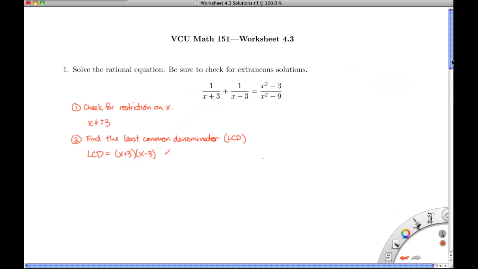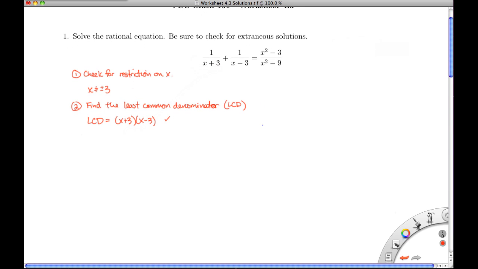So once we've found the LCD, our third step in solving for x, because that is what we're trying to do here, is to go ahead and multiply both sides by the LCD.